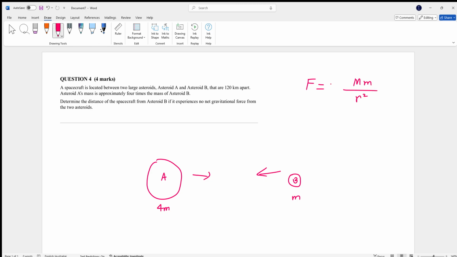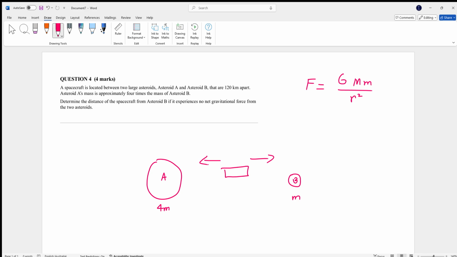Now, if we want to know where there is no net gravitational force, that's going to be a little bit different. As soon as we have a quote-unquote third object in here, the spacecraft, there is going to be a gravitational force going this way and a gravitational force going this way between the two objects, okay?